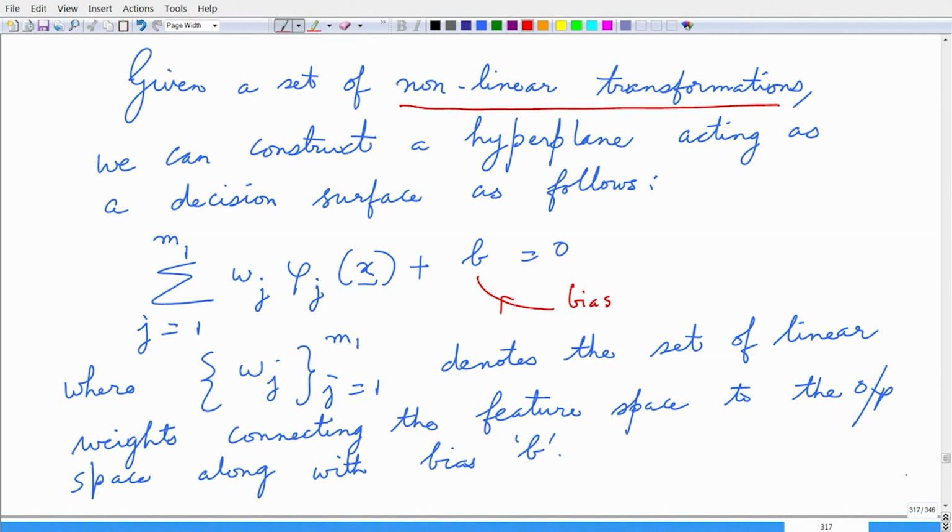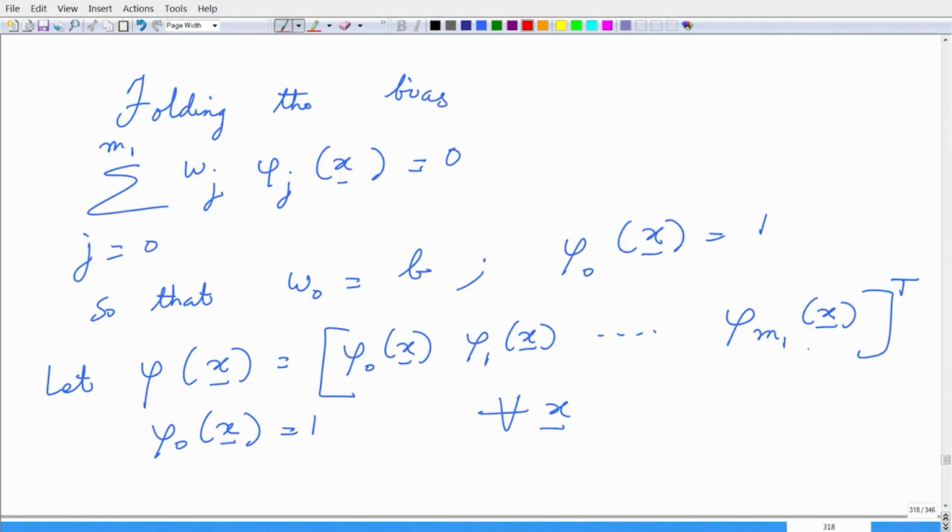We can simplify this equation into a more compact form by folding the bias within the weights. So by folding the bias, we end up with summation j equals 0 to m1 of wj times phi j of x equal to 0, which is in the form w transpose phi equals 0.